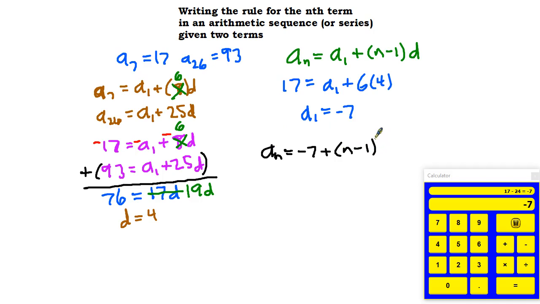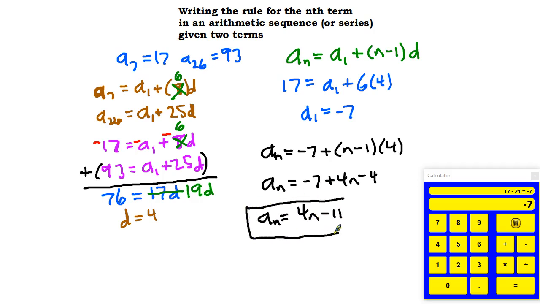So a sub n equals -7 plus n minus 1 times d, which is 4. Then we'll distribute the 4 and clean this up. So a sub n equals -7 plus 4n minus 4, which gives a sub n equals 4n minus 11, and that is our rule for the nth term.